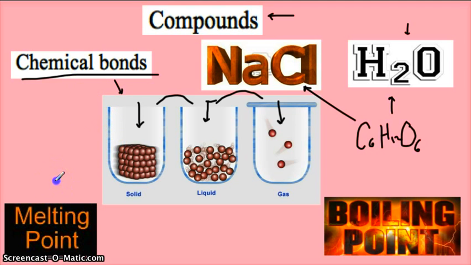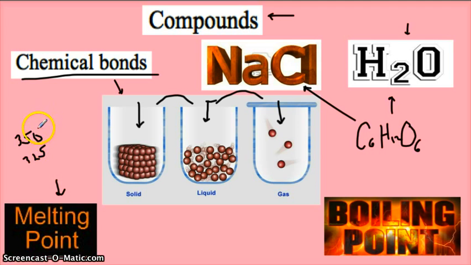The point is going to be the melting point. Any solid that has a higher melting point has a stronger chemical bond than one that has a lower melting point. Say you have one whose melting point is 350 degrees, and of course you may have one whose melting point is 325 degrees.